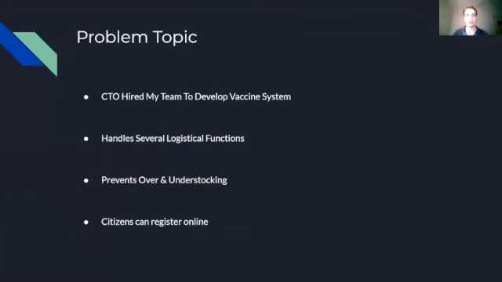Our core takeaways for the problem definition are: the vaccine management system, or VMS for short, should include a central distribution center and handle multiple logistic issues, including distribution of vaccine supplies, prevention of over or understocking, and monitoring the vaccine stock of various vaccination centres. The system also needs to be able to allocate vaccination appointments for eligible citizens that request an appointment.